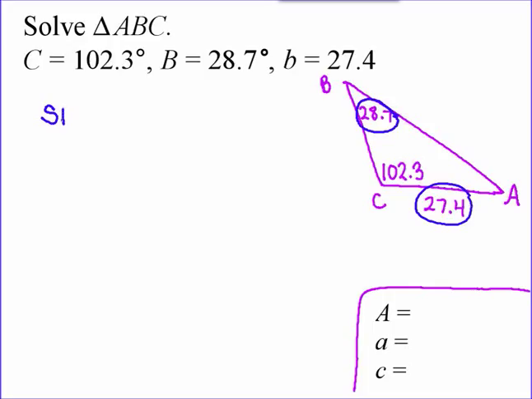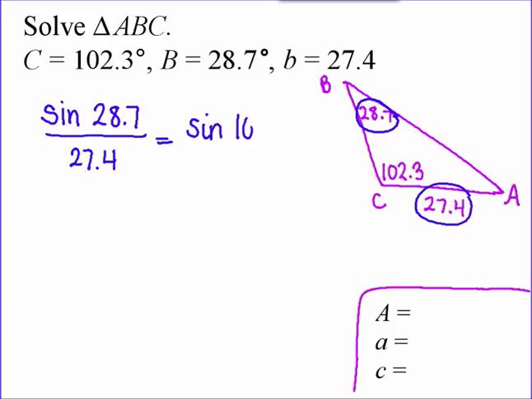And so I'm going to use that in my law of sines. I've got the sine of 28.7 divided by this 27.4. That's going to equal, now in this case, I need to go ahead and use the 102.3. So I'm going to take the sine of 102.3, and that will be over side C. So this is a basic proportion. Not too bad.